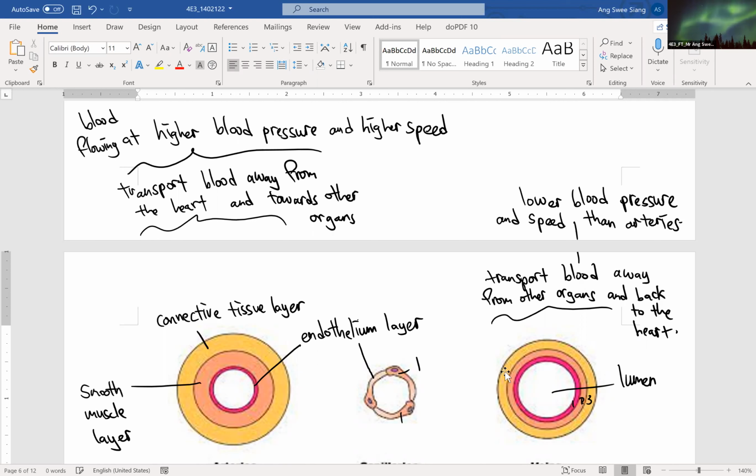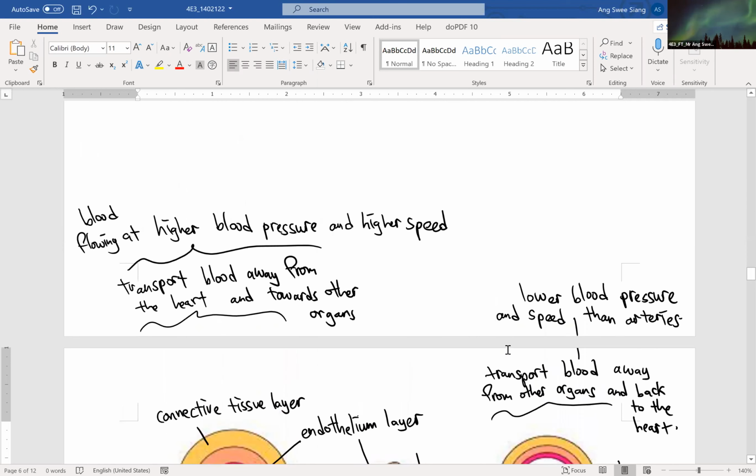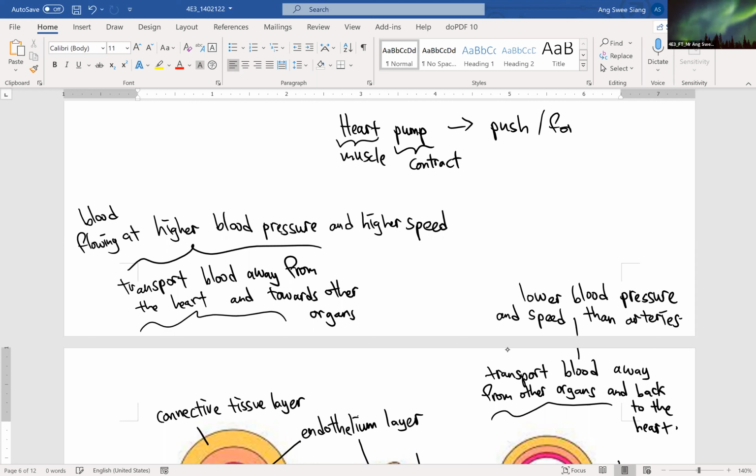Yes, very good. Because if you link it to the function of the heart, it pumps. Pumps basically means that our heart is a muscle. When it pumps, it means it contracts. When it contracts, it pushes or forces the blood out. So you must use this word, push or force blood out of the heart.